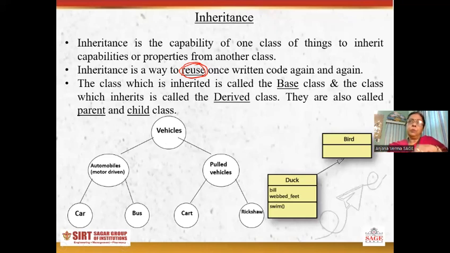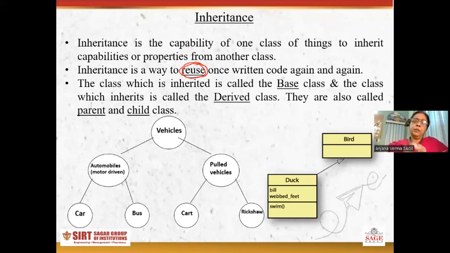When you see the new model of a car, suppose a new model of Swift has come. So what do you think? Each and everything is created or manufactured for the new Swift model again and again? No. Of the old model of Swift, 90% of things are used in the new model.